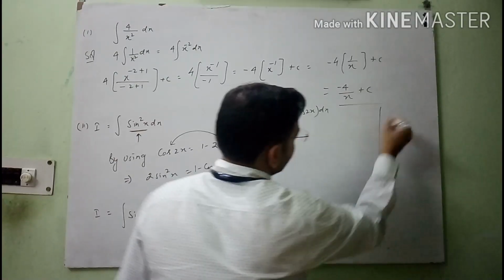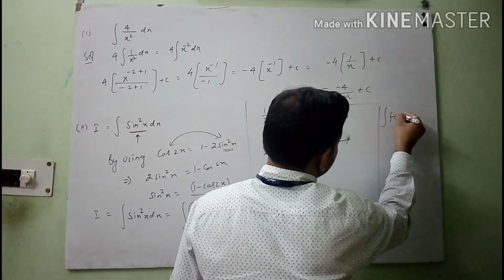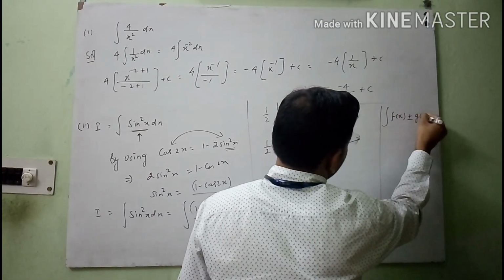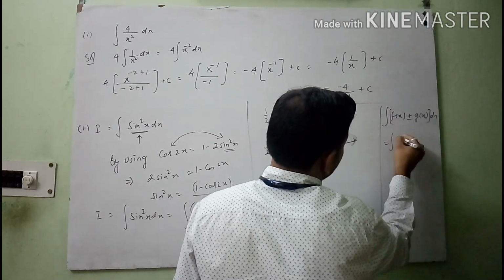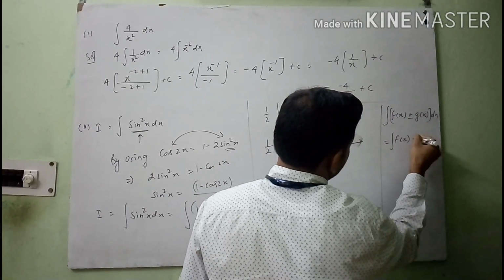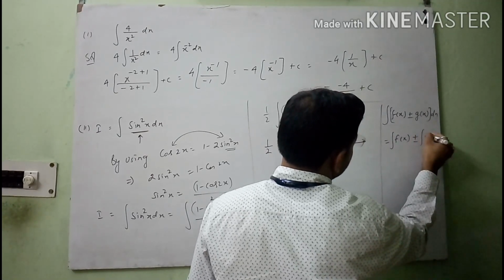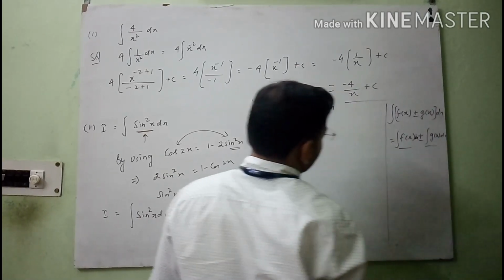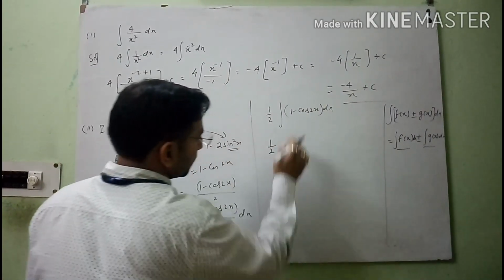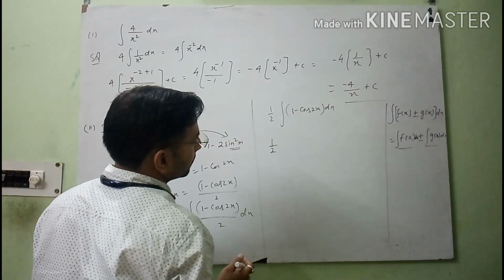In case of integration, suppose I have two functions like that and I want to integrate this. What we will do is first integrate the first function, then use the plus or minus sign, then integrate the second. Under this operational formula I will follow the integration of this.